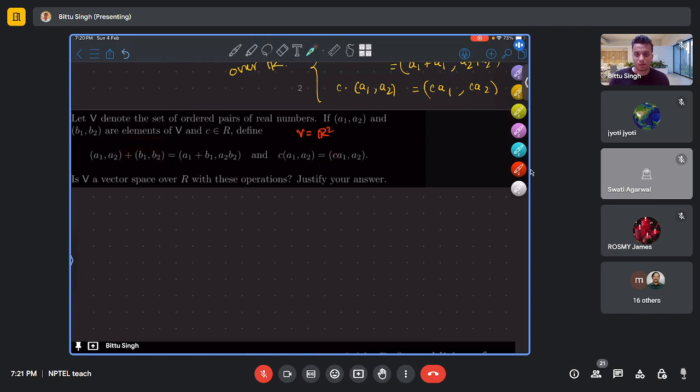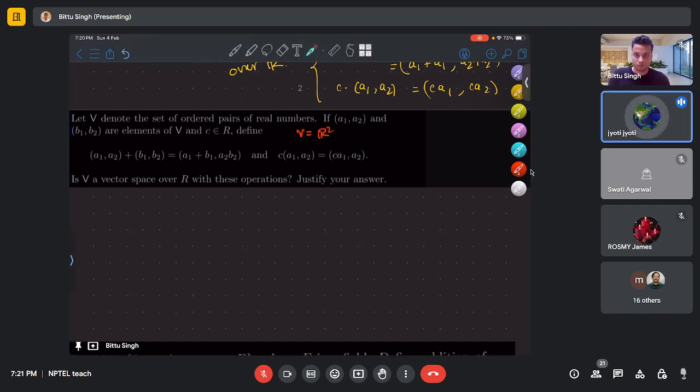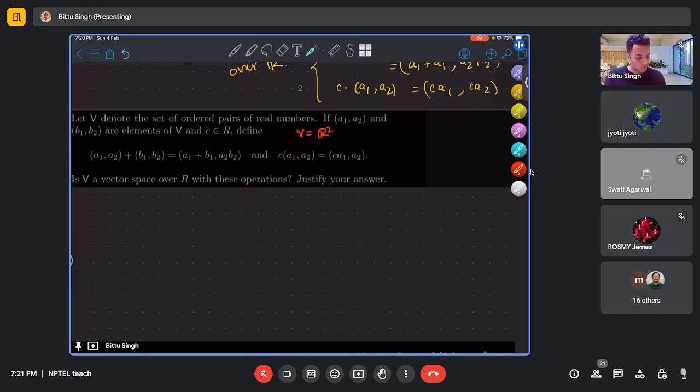Now, what is your guess? Will it satisfy all the properties of the vector space or not? I think, sir, there may be a problem in the scalar multiplication part. Scalar multiplication part, there might be a problem. Let us see.